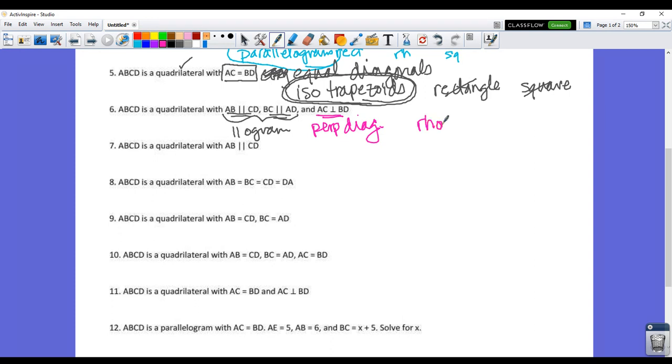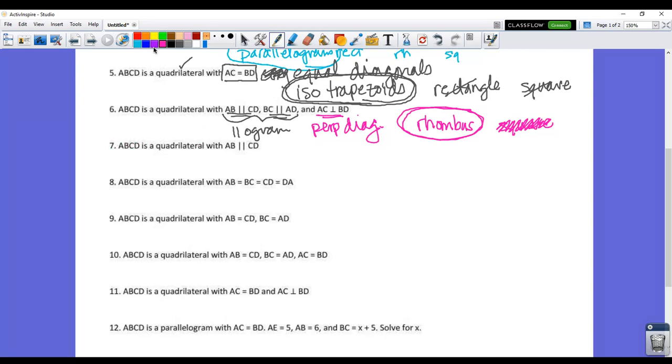Those are your rhombus and your square. Now, we don't know enough information once again to say it's a square. All we know is that they're perpendicular. So that's all we can say: it's a rhombus.